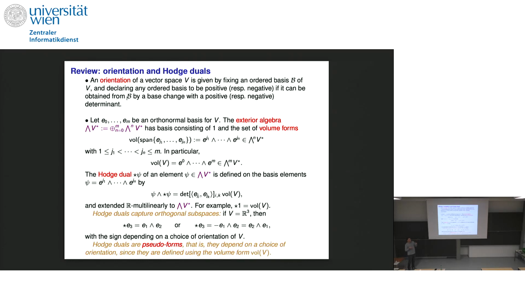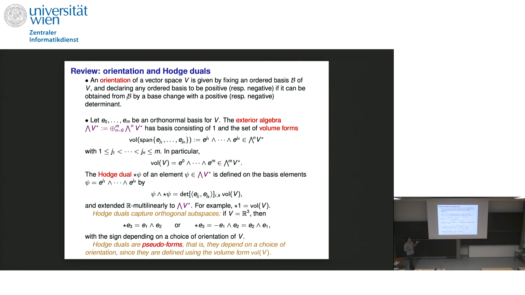And Hodge duality: you have, say, E naught through EM an orthonormal basis for the vector space V. Then the exterior algebra has bases consisting of these volume forms. In particular, the volume form for the whole space is just a wedge product, an element of this exterior algebra.